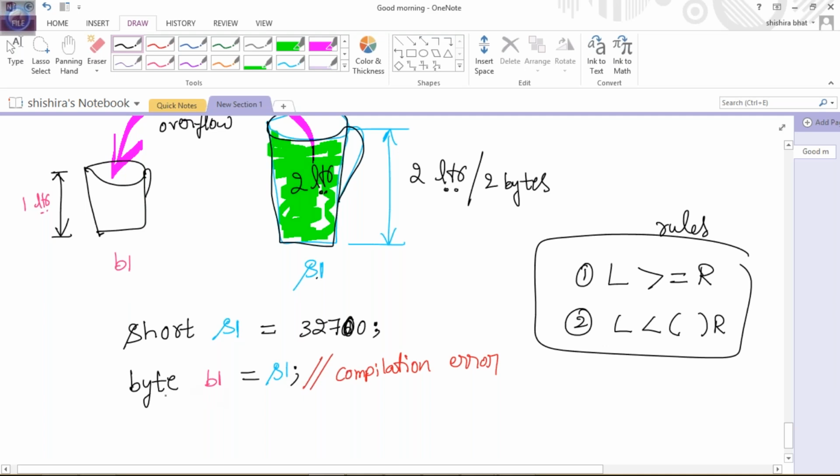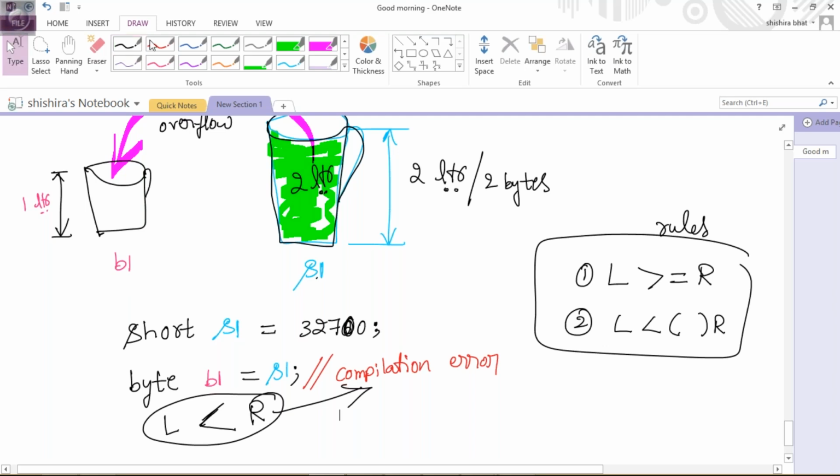What is the data type of B1? Byte. It means to say left side is byte, right side is short, and byte is smaller than short. Compare this with the rule. Rule says that left side is bigger than or equal to right side, but in your case it is smaller than. That's why you get compilation error.